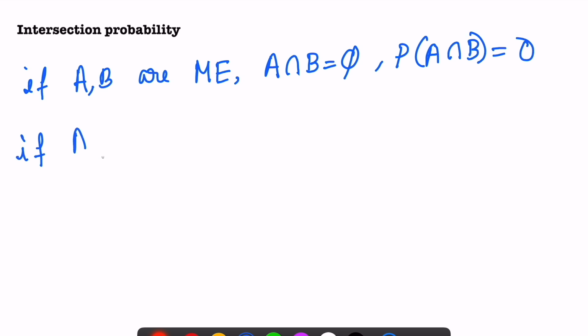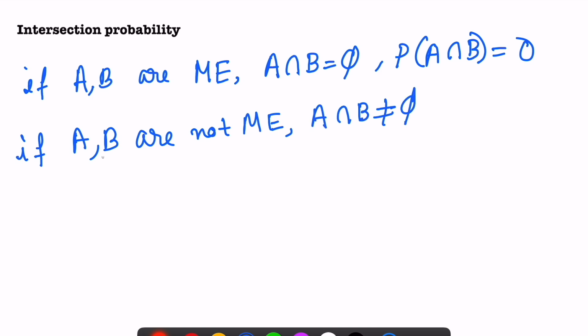But if A and B are not mutually exclusive, then A intersection B is not an empty set. There will be some common elements and probability of A intersection B will be greater than 0.